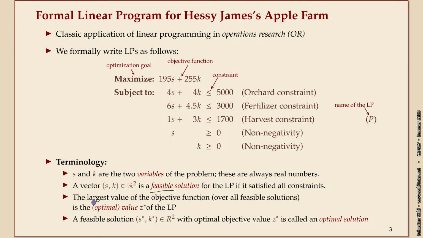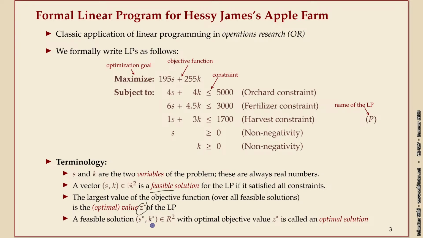Then the largest possible value, or the best possible value in general, for the objective function is the optimal value. And we'll abbreviate that with z star, just to have a short notation. And an optimal feasible solution, so a solution that's feasible and achieves the optimal objective value, is called an optimal solution.